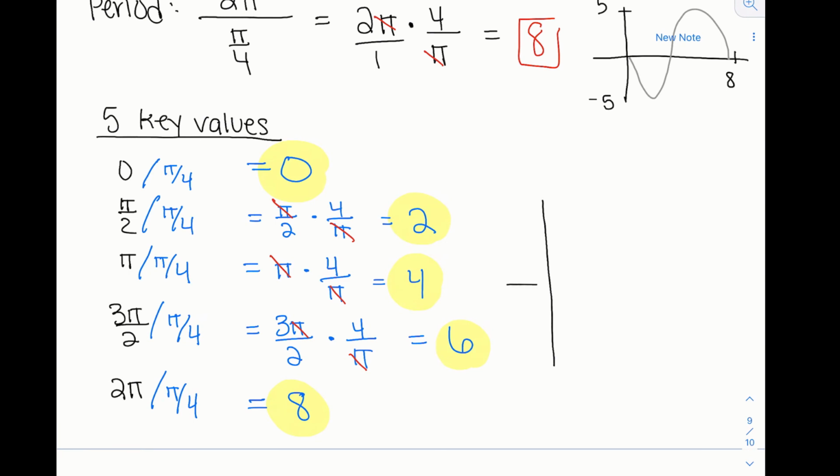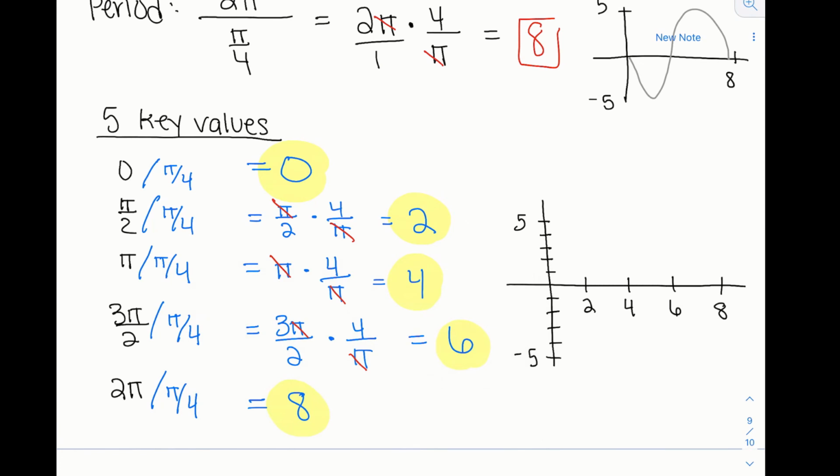So I'm going to try to draw a more exact sketch of our function. The x-axis will now be 0, 2, 4, 6, and 8.